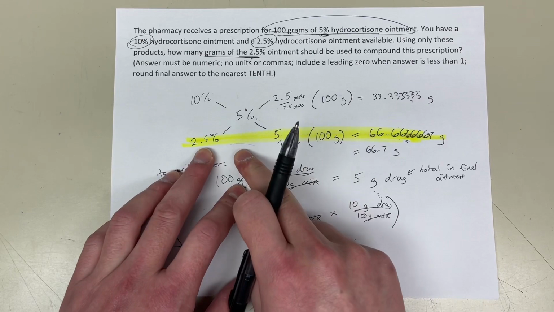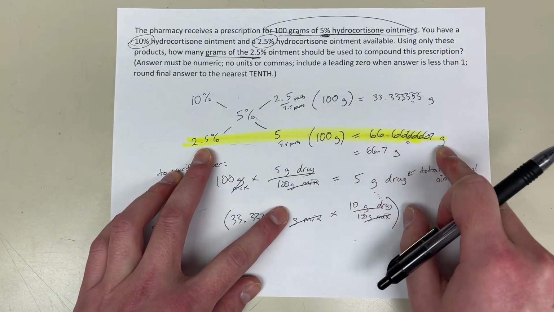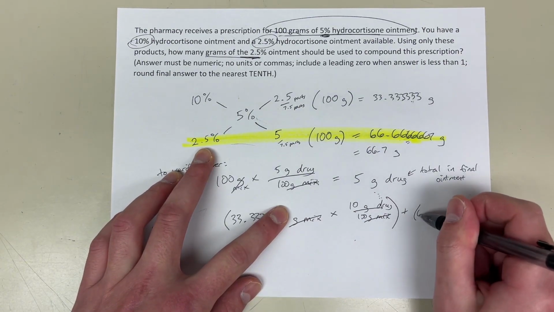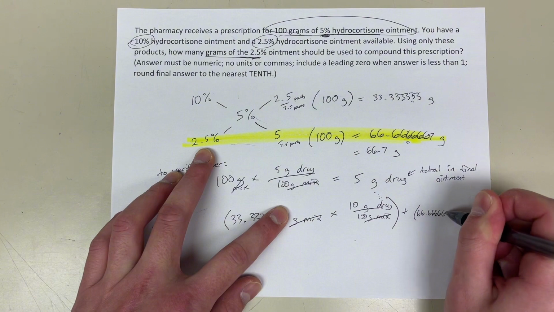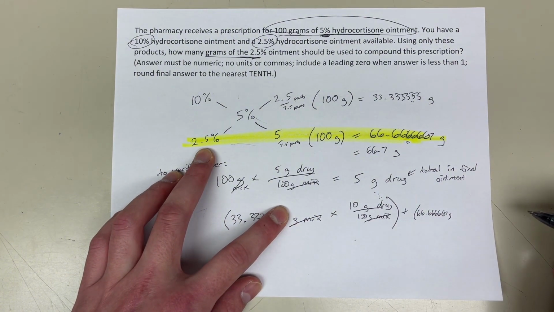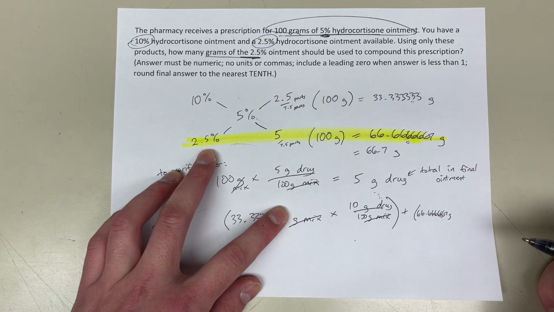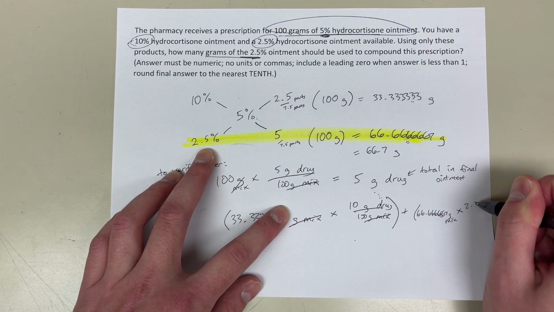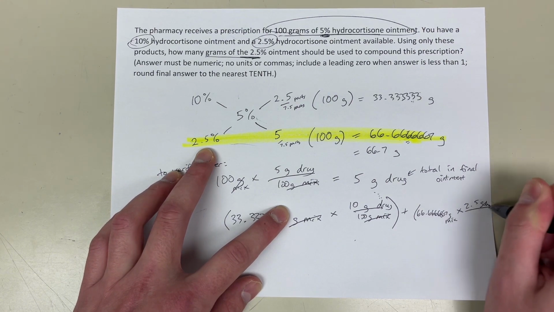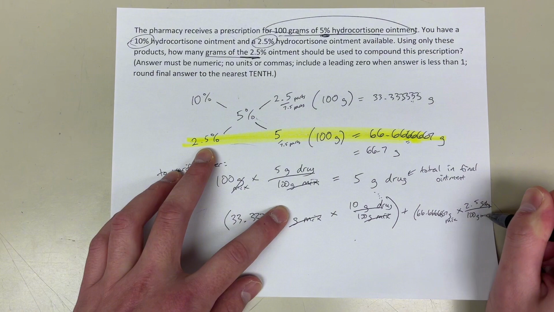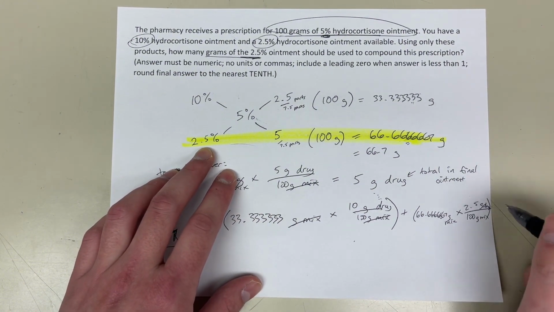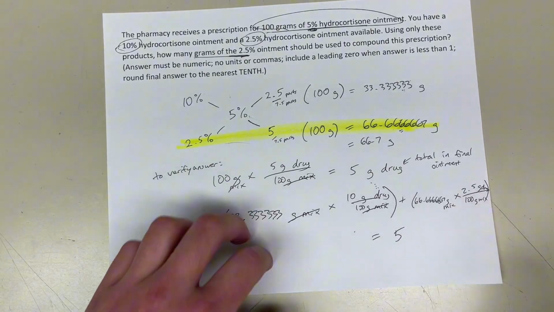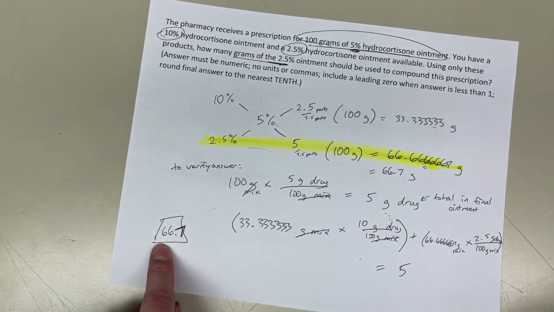Now I'm going to find the amount of drug in 66.6667 grams of the 2.5% ointment, times 2.5 grams of drug divided by 100 grams of mix, because that's what 2.5% is. If I add these two together, that should equal 5. And if I get 5, that's how I know this answer is correct.